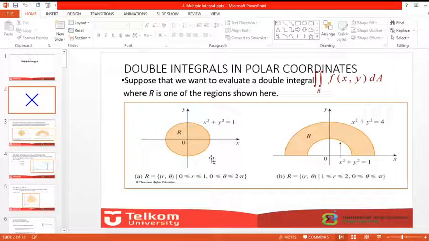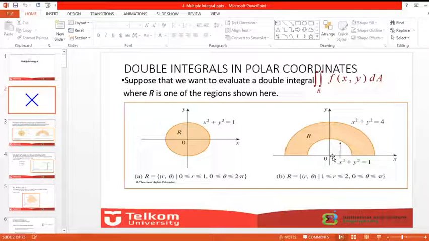For example, if the region is a full circle, this one, it means that r is from 0 until 1 and theta is from 0 until 2π, since this one is a full circle. If in here, the polar coordinates should be this one: r is from 1 until 2, because the radius of the inner circle is 1 and the radius of the outer circle is 2.